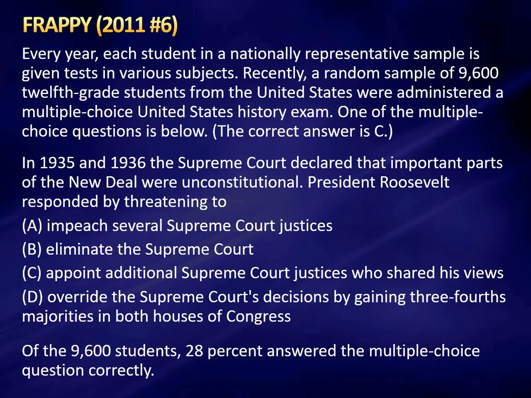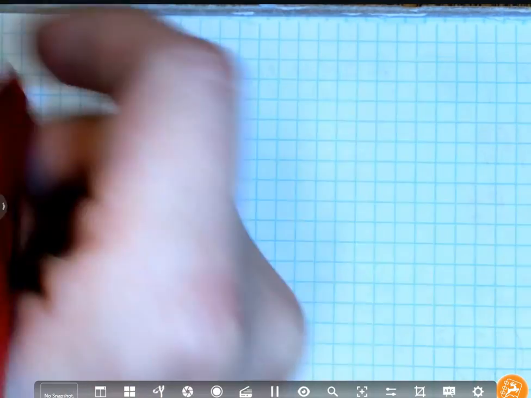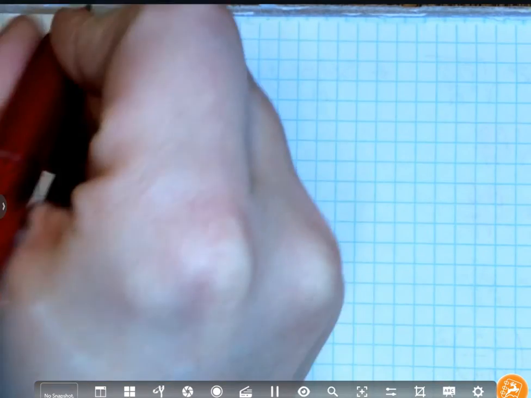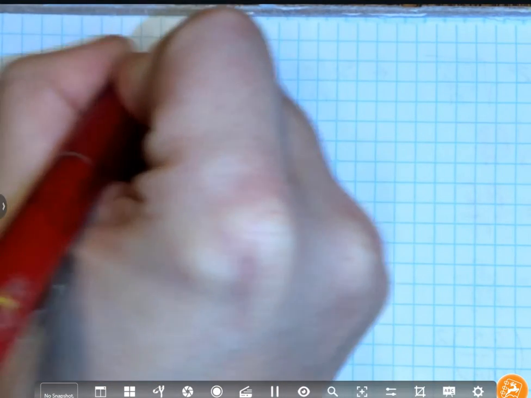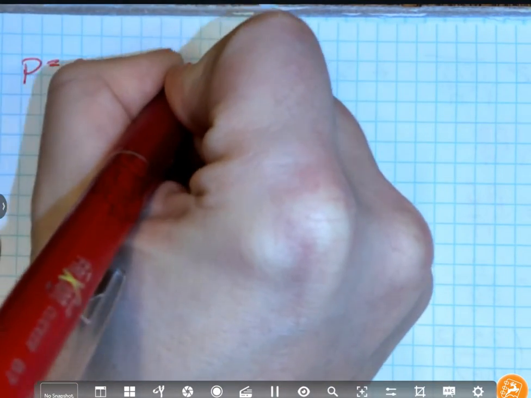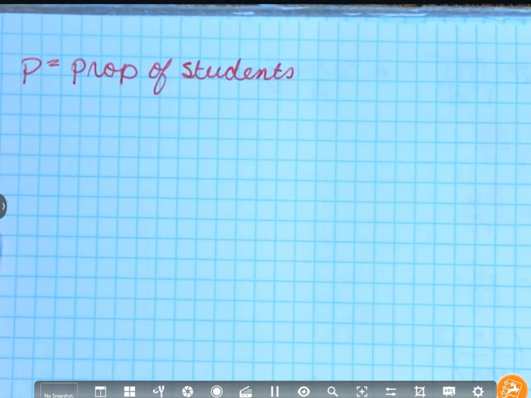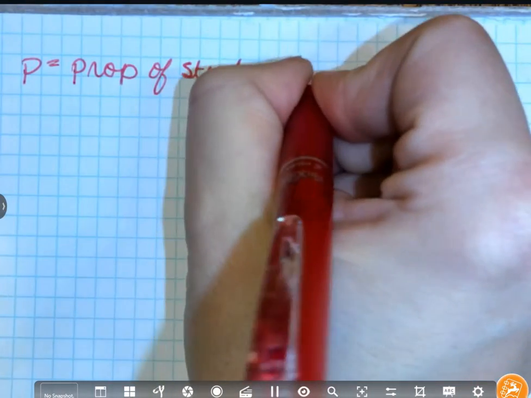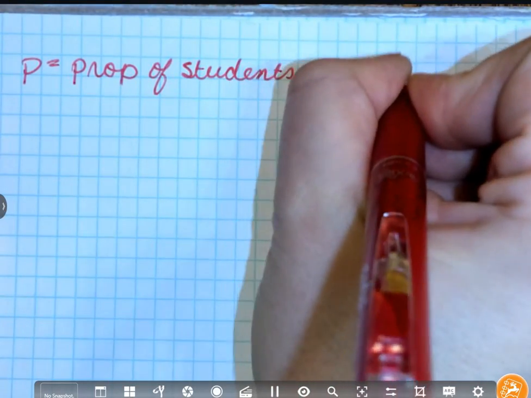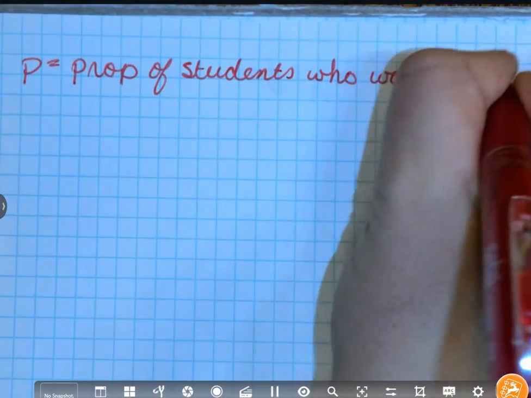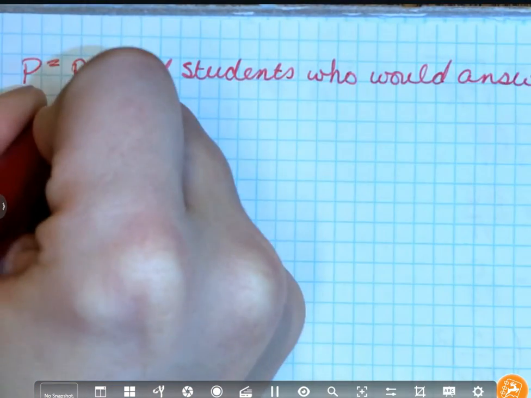What am I looking for? So I'm going to start this problem by identifying what it is that I'm talking about. P is the proportion of students who did what? Who would answer the question correctly.